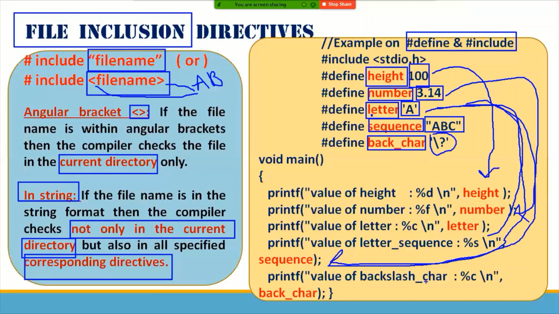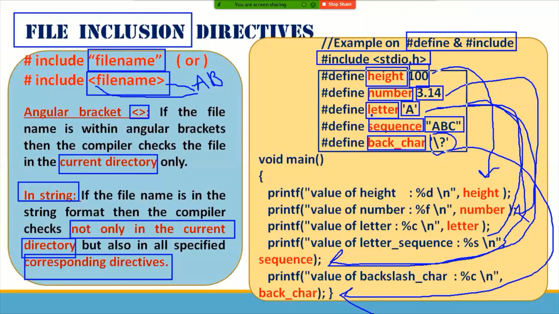And the value of the backslash character, the backslash with question mark symbol, will be substituted in this place. So in this program, the file inclusion example is covered, and the macro substitution directives example is also covered.